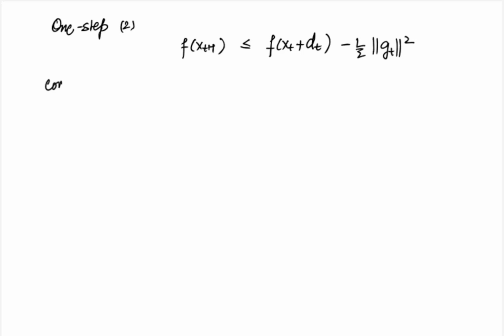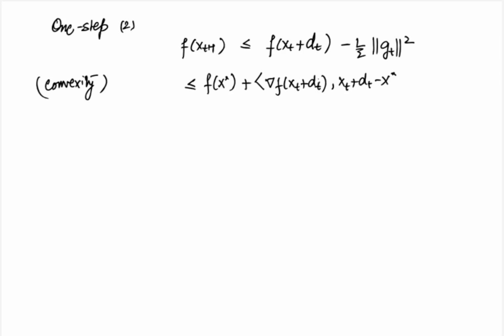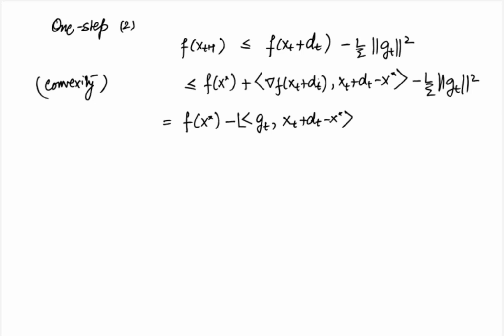Now at this point we can apply the convexity at x star so as to get f of xt plus 1 is less than or equal to f of x star plus inner product of gradient f of xt plus dt comma xt plus dt minus x star minus L by 2 norm square of gt, which is less than or equal to f of x star minus L inner product of gt comma xt plus dt minus x star minus L by 2 norm square of gt.